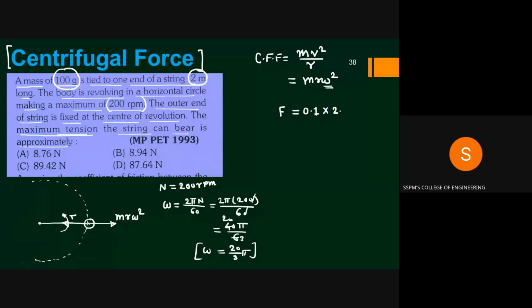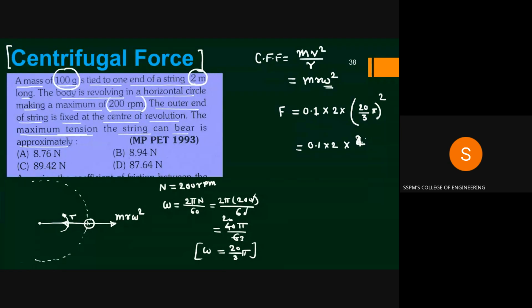So r is 2, into the value of omega, which is 20 by 3 into pi, bracket square. Now just simplify this equation. So this is 0.1 into 2. Finally this is 0.2 into 20 pi, 20 square.